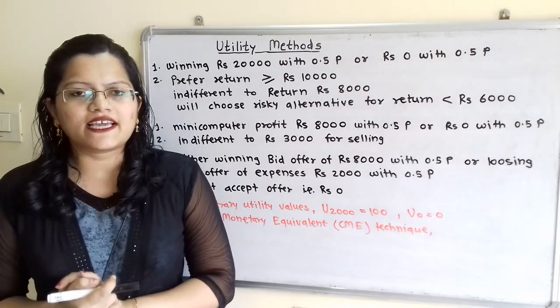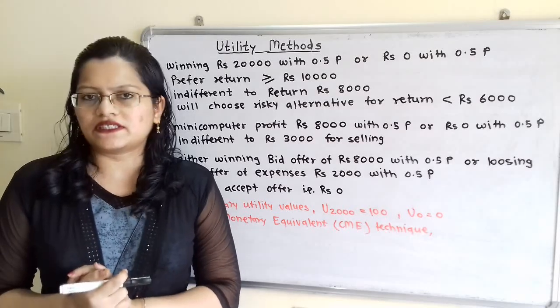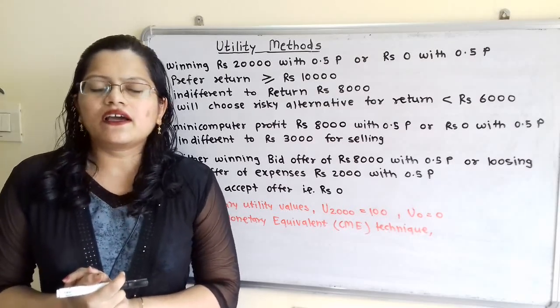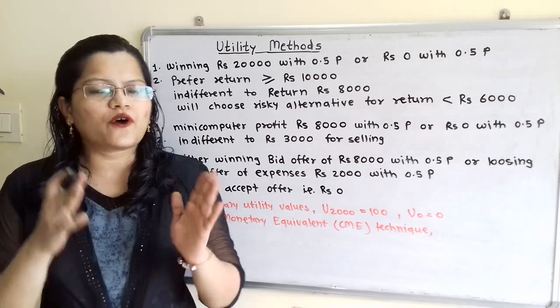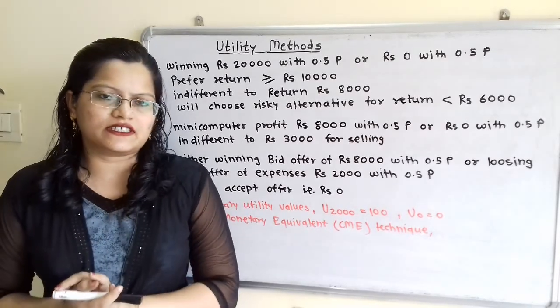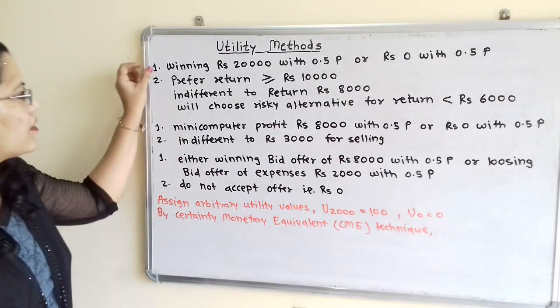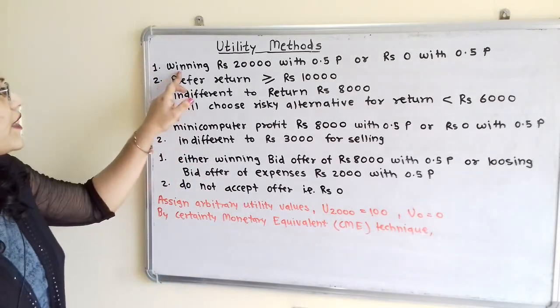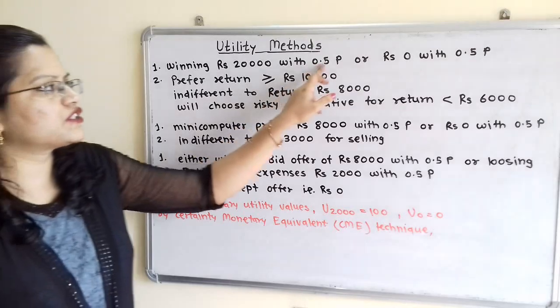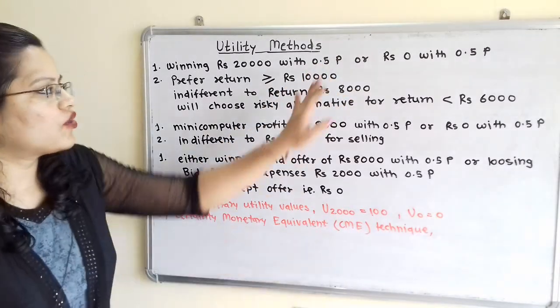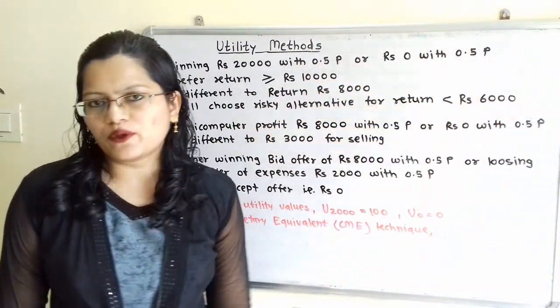There are three cases given for the businessman. Now we will write the different alternatives for each of these three cases. For the first case, we can mention the first alternative as winning rupees 20,000 with 0.5 probability or rupees 0 with 0.5 probability.